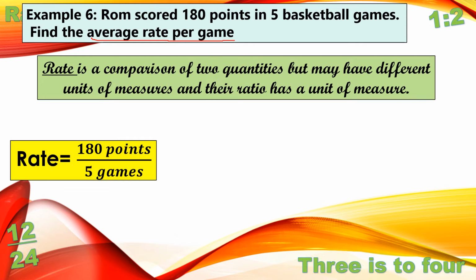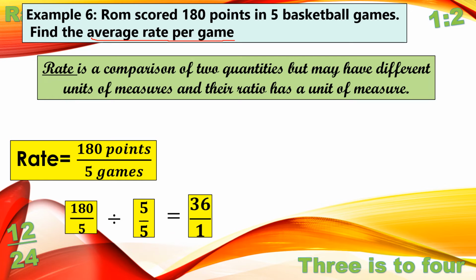So, anong gagawin natin dito? Okay, so we will find the GCF or the greatest common factor. So, 180 over 5. So, the GCF is 5. So, we need to divide it. So, 180 divided by 5 equals 36, and 5 divided by 5 equals 1.